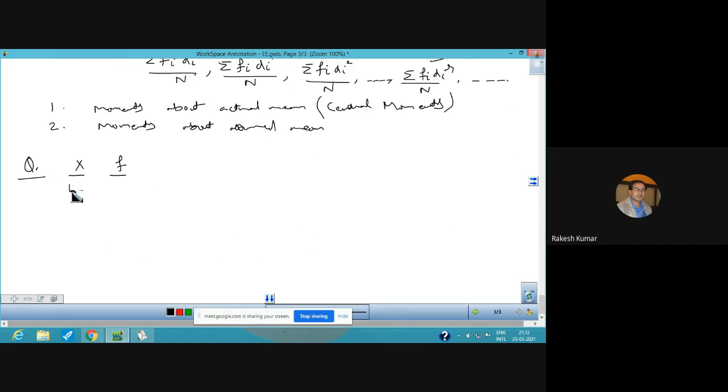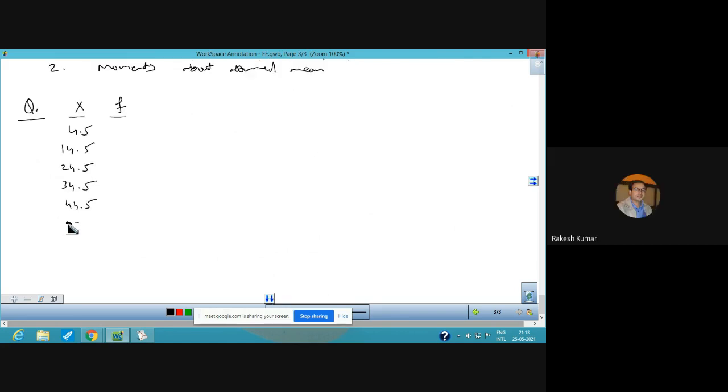This is a discrete data distribution: the x values are 4.5, 14.5, 24.5, 34.5, 44.5, 54.5, 64.5, 74.5, 84.5, and 94.5.